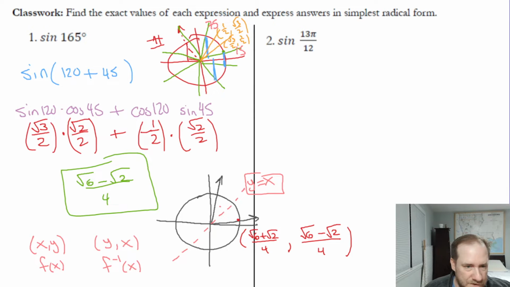So somebody out there, again from period 8, what's her face? Eliza. Eliza was interested in actually just memorizing these things, right? Well, we can do that. Here they are. Here's the coordinates for a 15-degree reference angle in quadrant 1. What would these be if we were a 15-degree reference angle in quadrant 4? Well, the x wouldn't change. It would literally still be a root 6 plus a root 2 over 4.